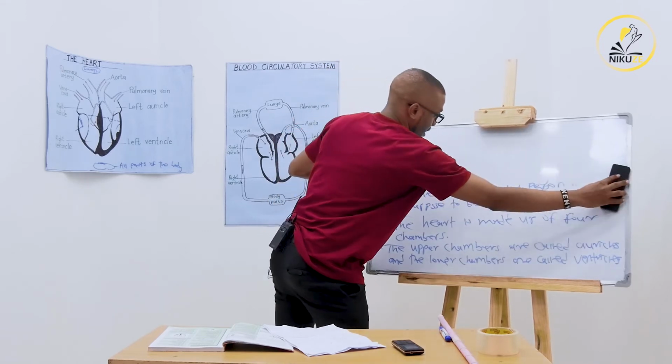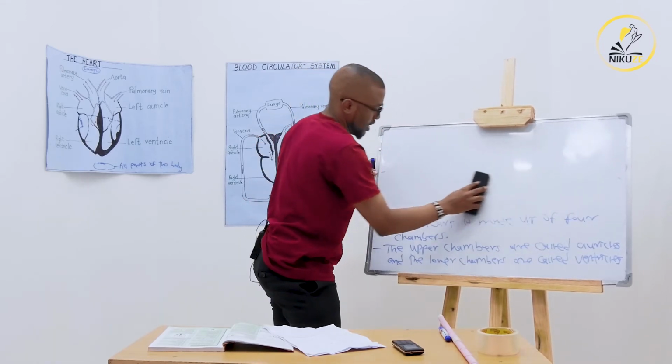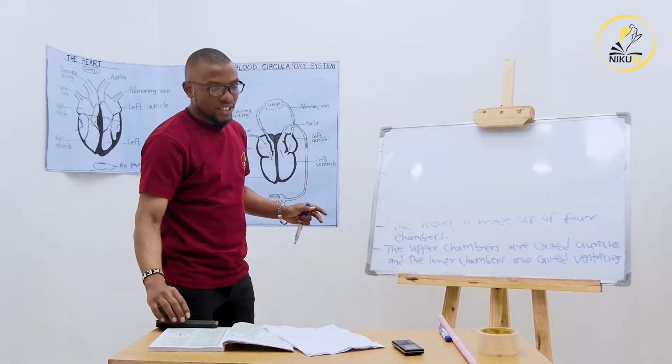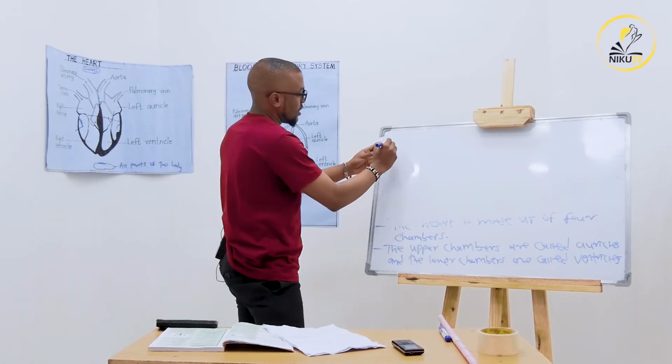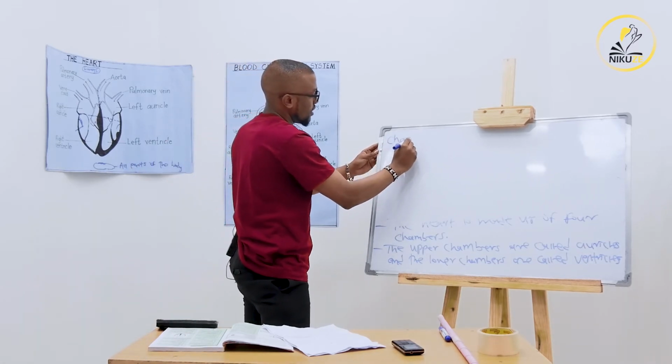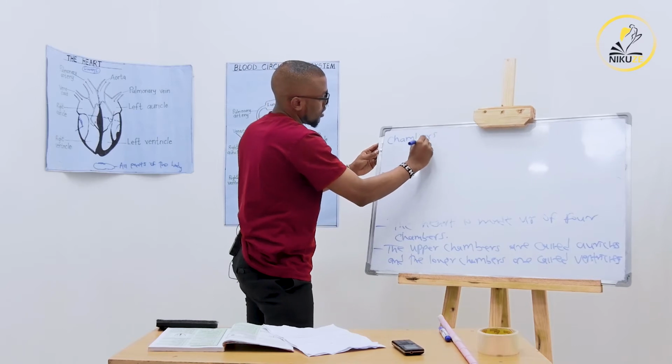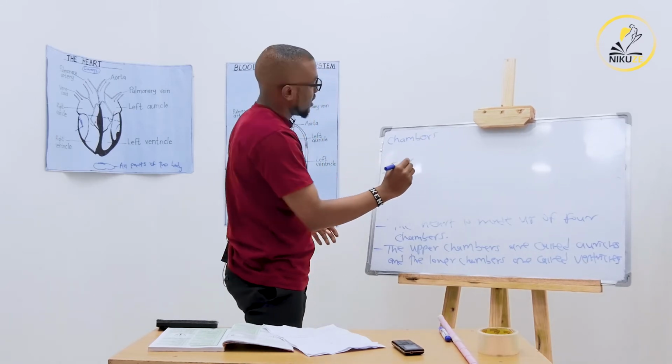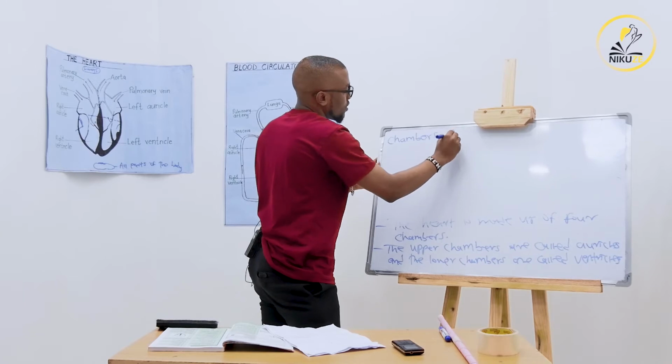So this is something like this. You can have a sketch maybe in your book, something like this. So we have got the chambers. These are the chambers. We have got the auricles.